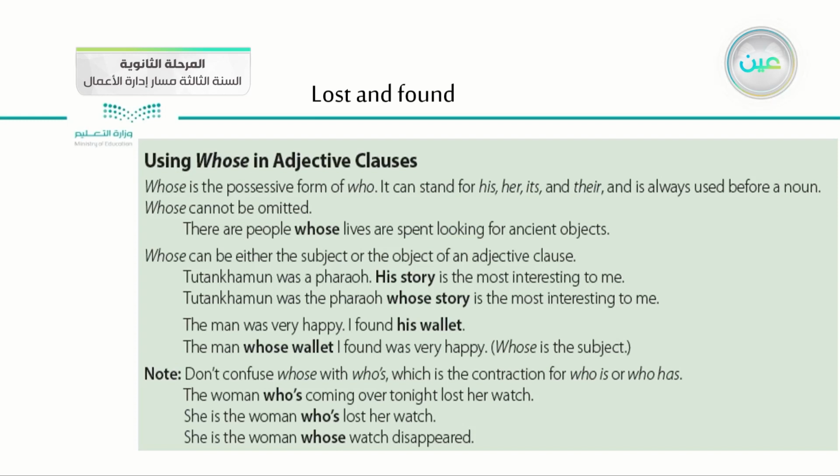His history is the most interesting to me. Tutankhamun was the pharaoh whose story is the most interesting to me. Let's make a comparison between this sentence and this one. As you see here, we have this part which is called the main clause, and it's the same here.